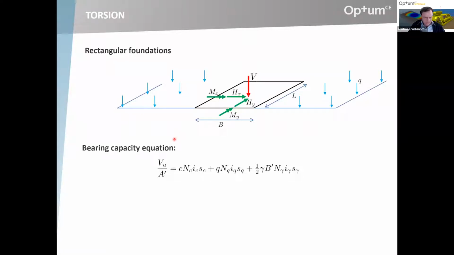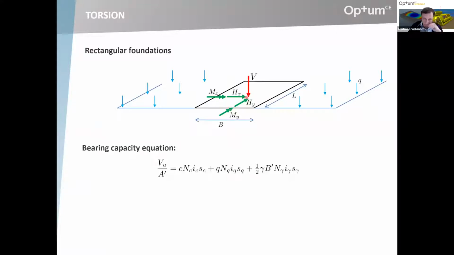So anyway, the bearing capacity equation, and that's where we basically were two weeks ago in our webinar on the bearing capacity equation. The standard bearing capacity equation applies to this kind of foundation here, a general rectangular foundation, where the aim is to determine the maximum vertical capacity, and you may then have some horizontal loads and some bending moments as well.